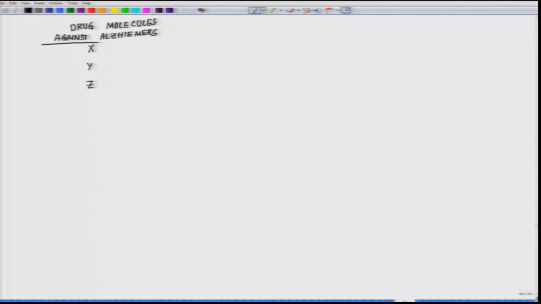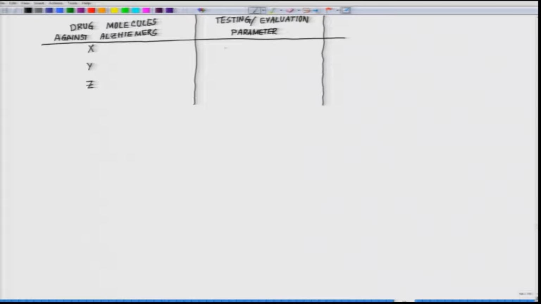So, what are the testing or evaluation parameters? Here are the evaluation parameters. It is believed that all these 3 drugs increase the number of synapses in a hippocampal neuron network.